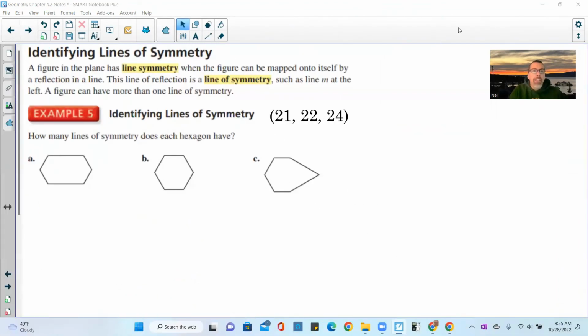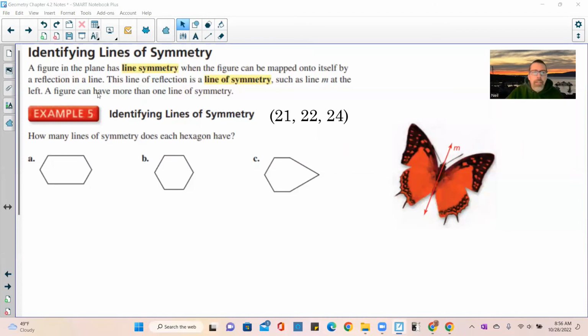All right, identifying lines of symmetry. A figure in the plane has line symmetry when the figure can be mapped onto itself by a reflection in a line. The line of reflection is a line of symmetry, such as line M at the left. A figure can have more than one line of symmetry.